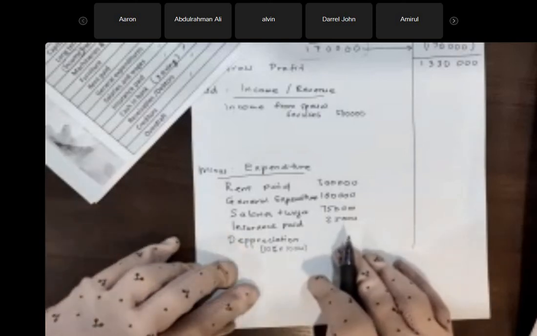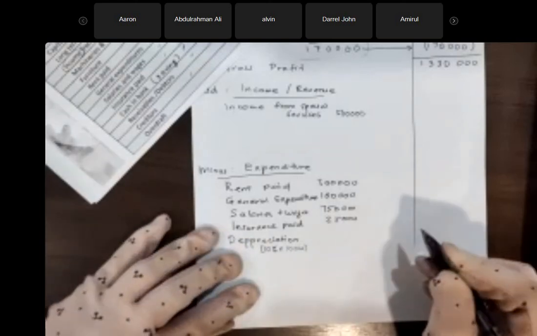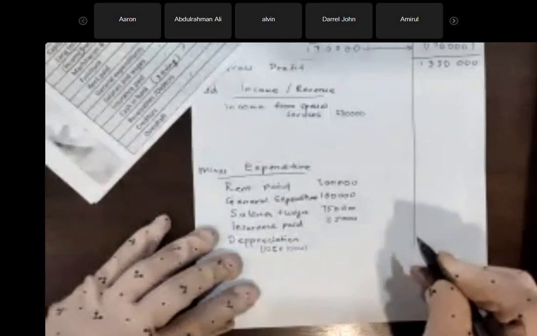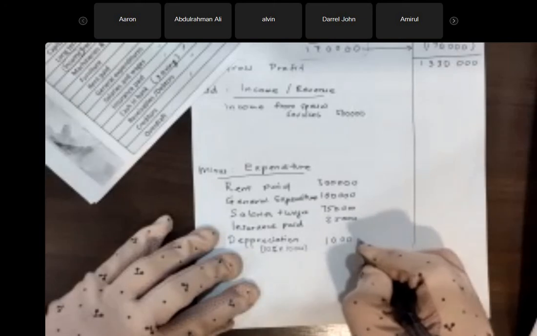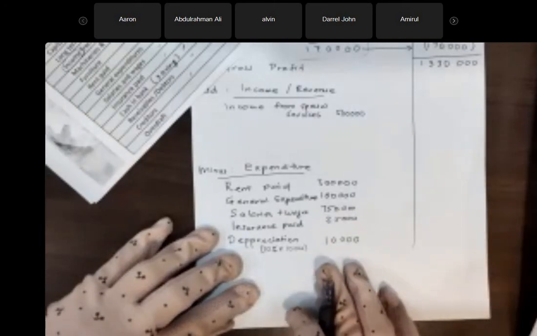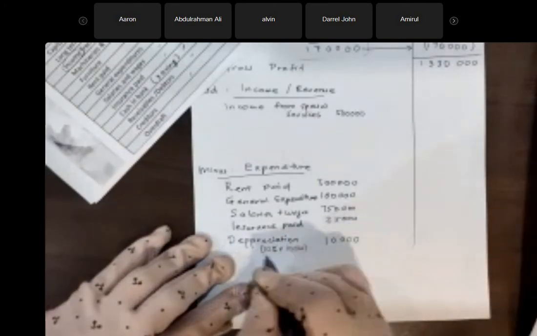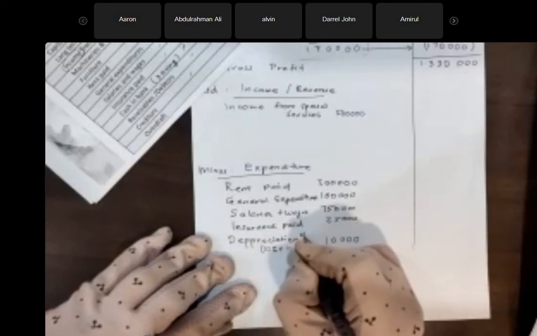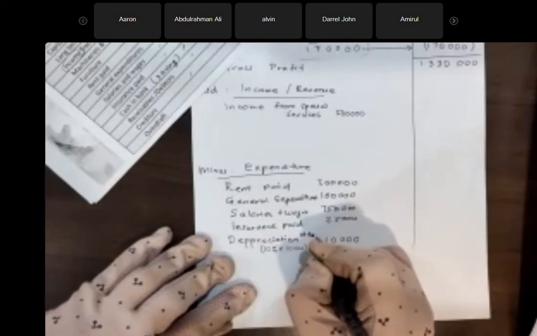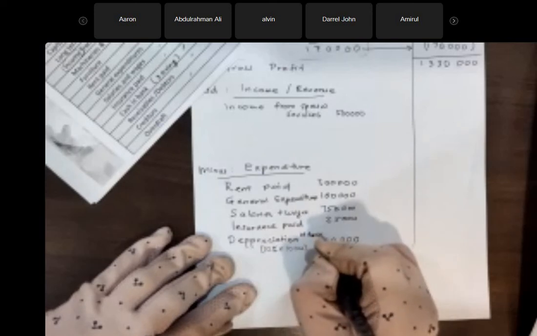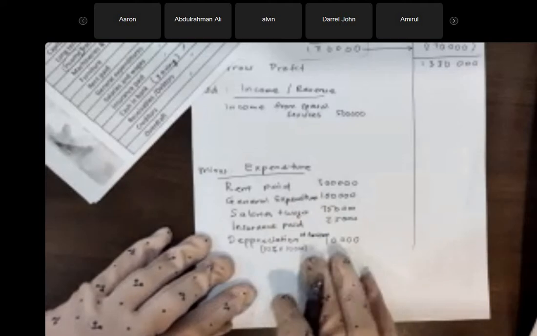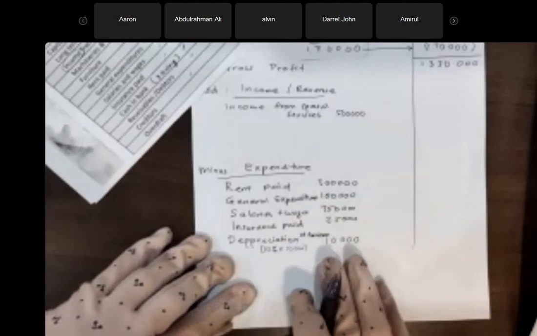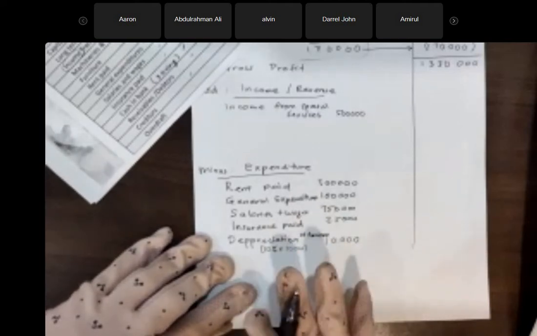What is the depreciation value? Alright, 10,000. So you put 10,000 here. This is depreciation of furniture. Susut nilai perabot, 10,000.